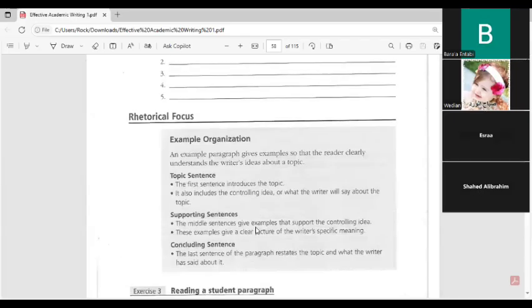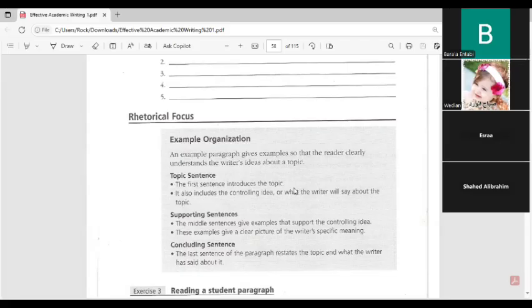Here we have an example organization, an example paragraph. This is called an example paragraph because it mainly depends on examples in order to convey your idea. You only give examples, so the reader clearly understands the writer's ideas about the topic. The topic sentence, the first sentence, introduces the topic.